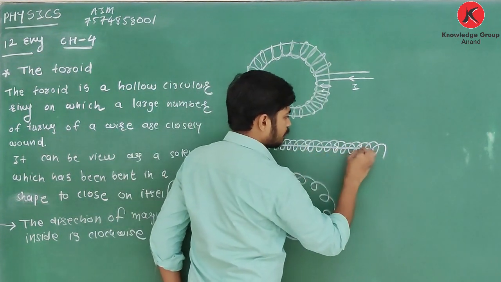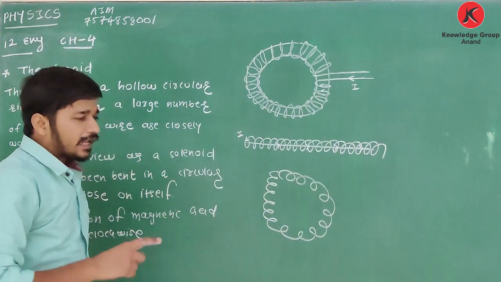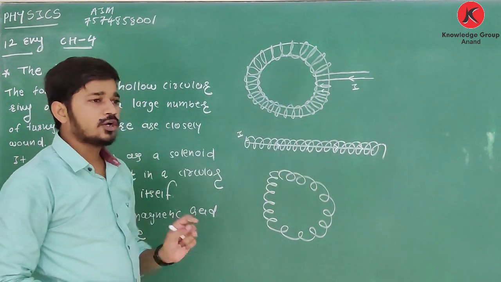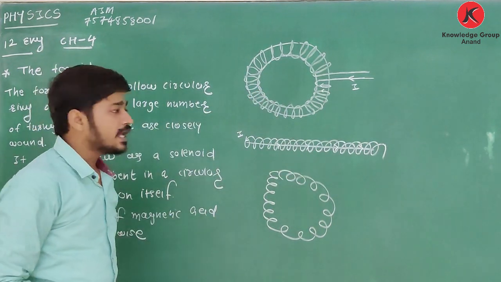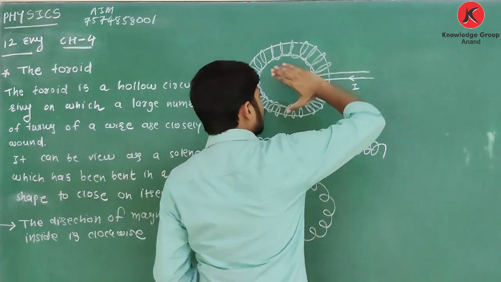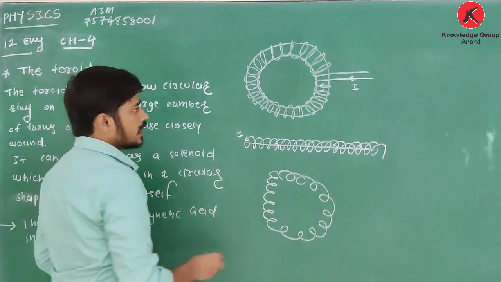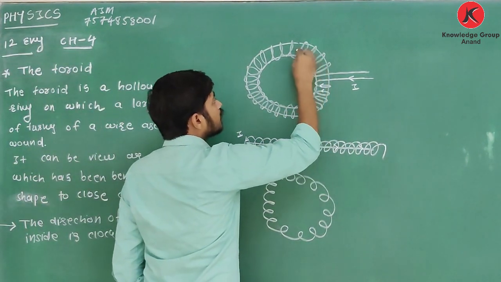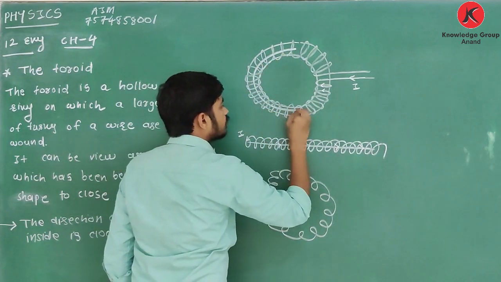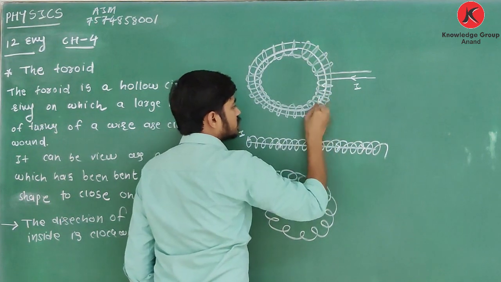Now, if this toroid is made of this solenoid, like this, and current is flowing in this direction, then the magnetic field inside this toroid is in this direction.